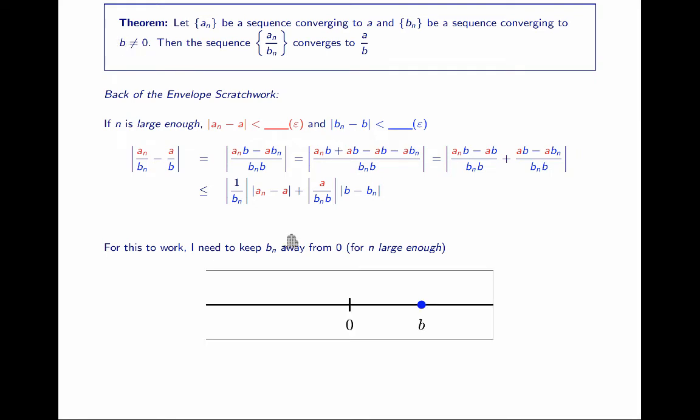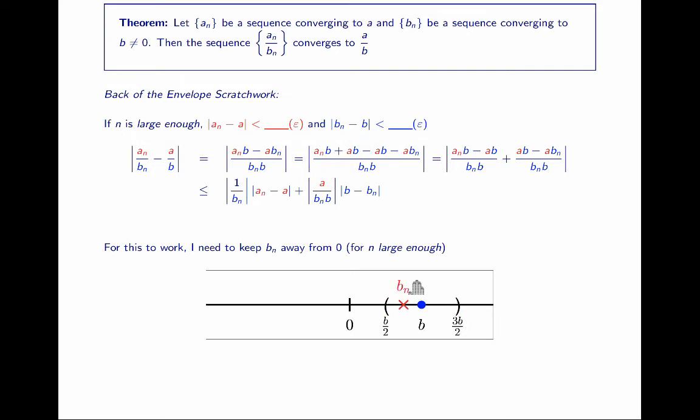So let's make a sketch. All right, since we're just doodling around on the back of an envelope, let's sketch this out. b is not 0. I can ensure that if n is large enough, bn falls in any positive neighborhood of b that I like. And so I'll pick b over 2.